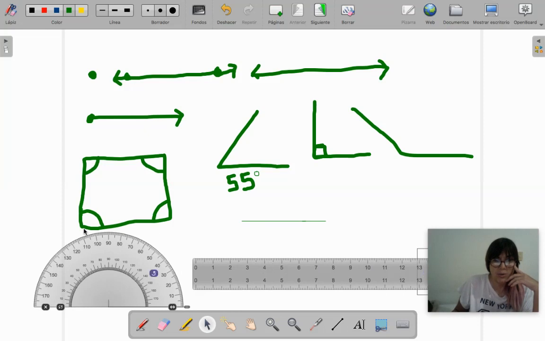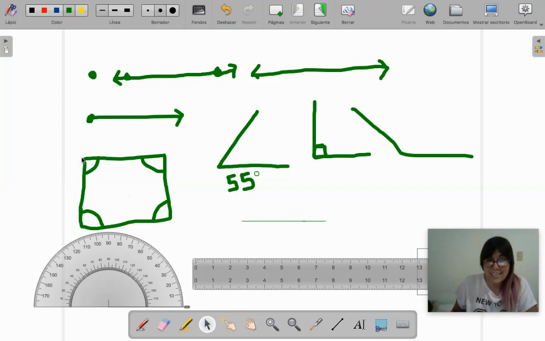With the ruler, we measure lines or distances with kilometers. Remember, from here to your house, to the school, to Disney, you measure with kilometers. Smaller distances or lengths of things, with meters, centimeters, millimeters, okay?